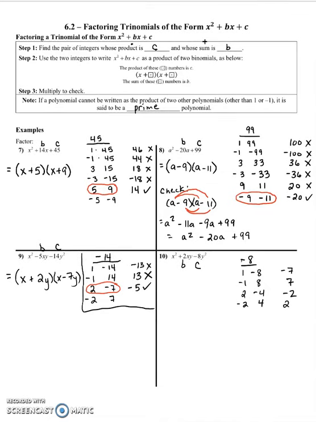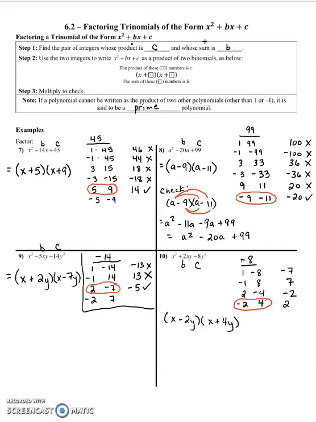So the negative 2 and positive 4 is the one we want. So if we factor that out, we have x minus 2y times x plus 4y. And remember, we have the y's because there's a y squared in our third term.